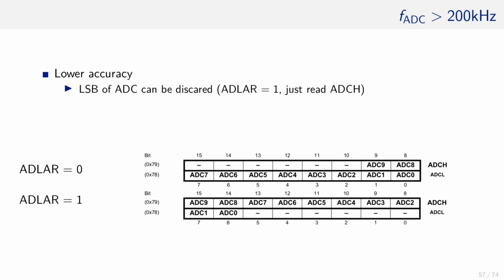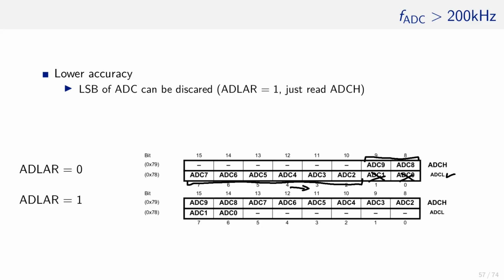In ADLAR equal to 0, these bits are set now. We have here ADC 9 to ADC 8 and ADC 7 to ADC 2. And we are not interested in these 2 bits. To get the value, I have to read out ADCL and shift ADC 7 to ADC 2 by 2 bits to the right.